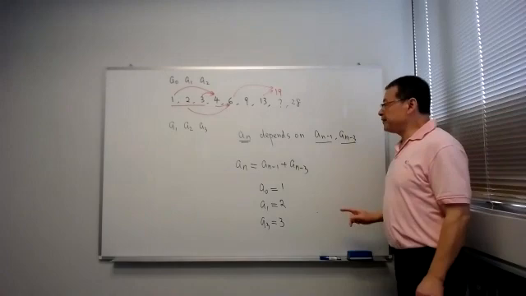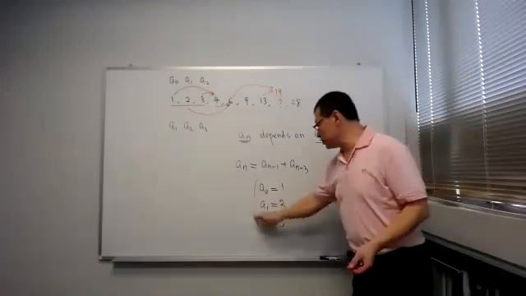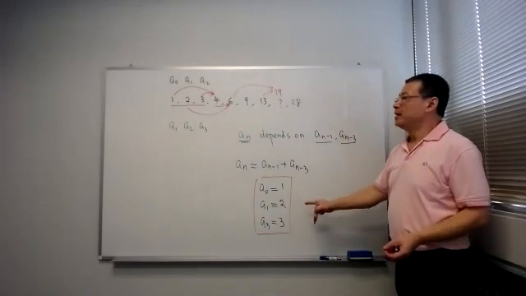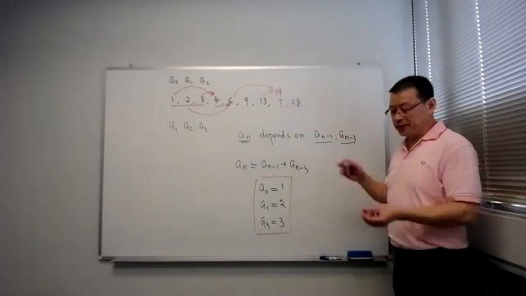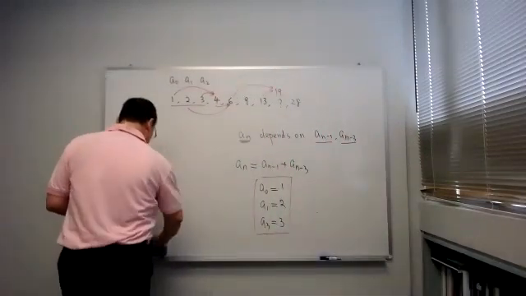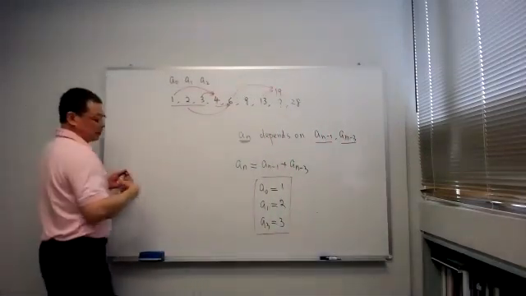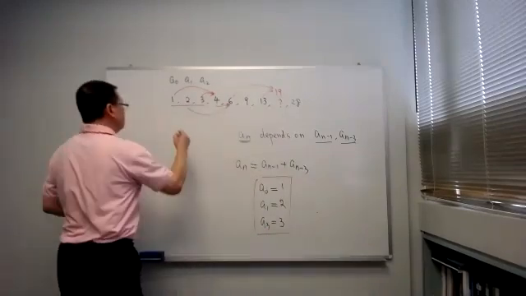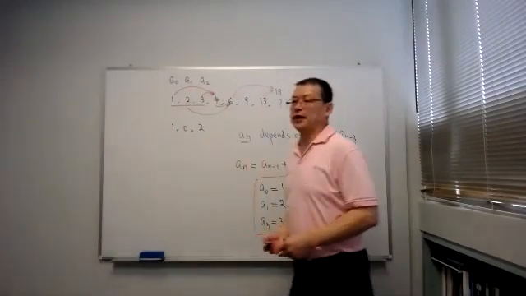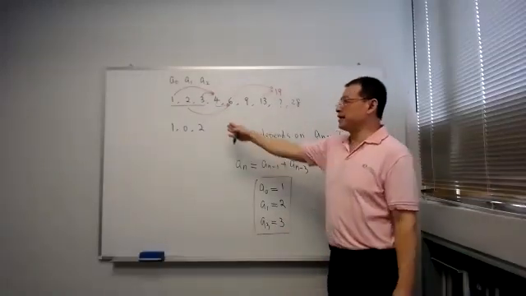Now it's very important to get the initial conditions right. If we change the initial conditions, the whole sequence will be totally different. Suppose I start with this one instead, in a different color. Then the sequence after that will be totally different.